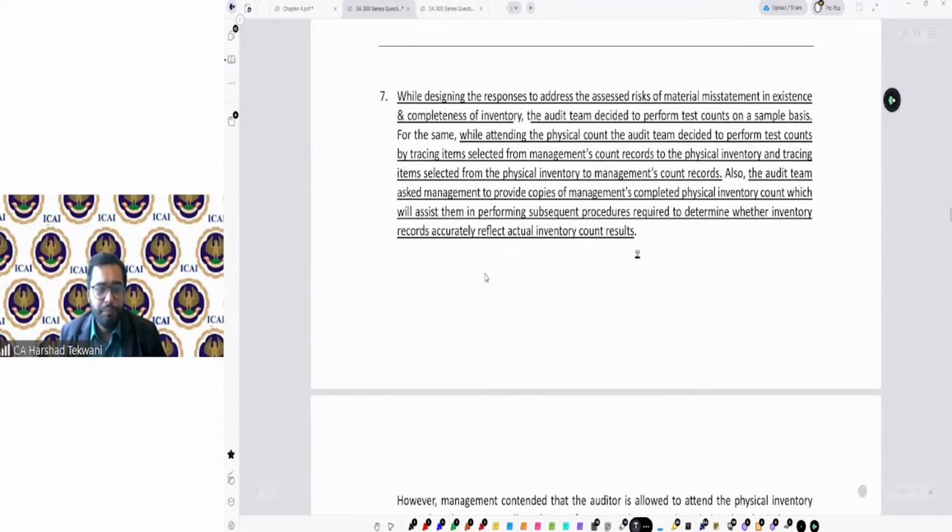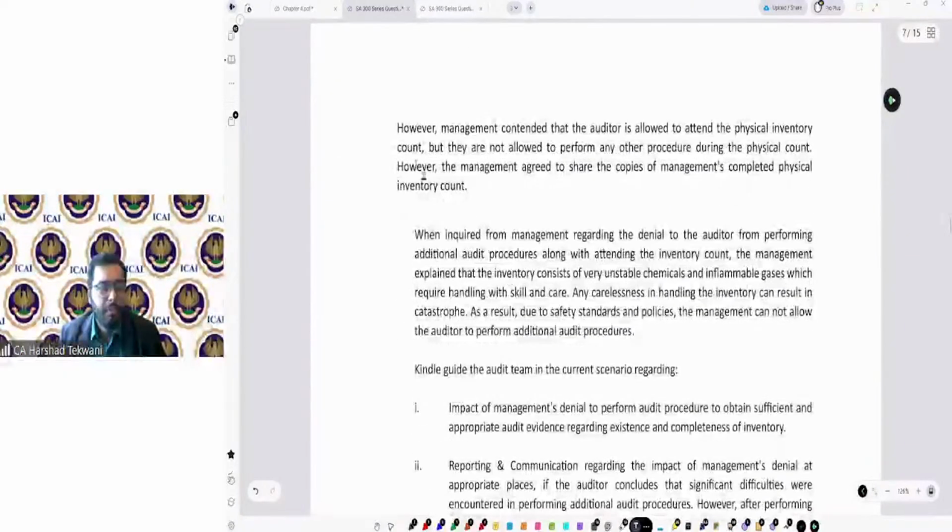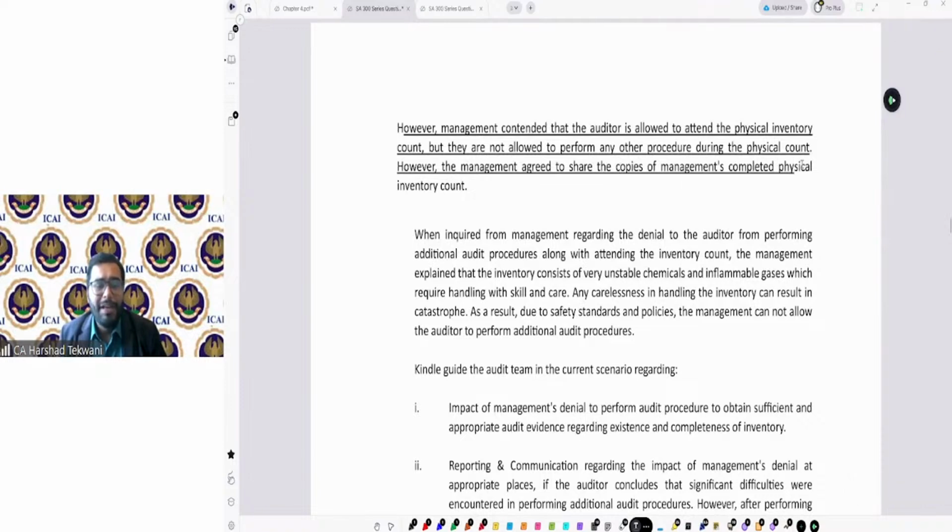Okay. Then, however, management contended that the auditor is allowed to attend the physical inventory count, but they are not allowed to perform any other procedure during physical count. However, management agreed to share the copies of management completed physical inventory count.